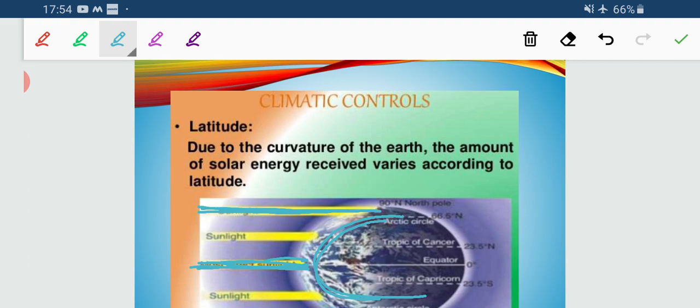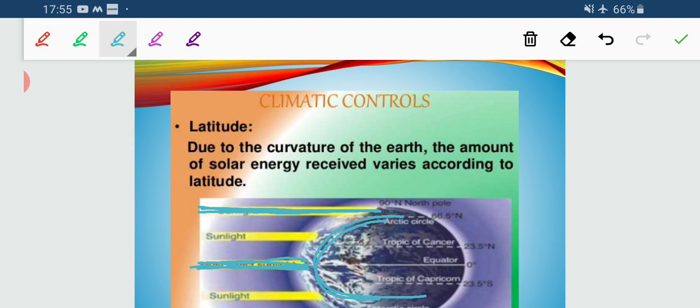That the places located closer to the equator have days and nights of more or less equal duration, 12 hours of day and 12 hours of night, because the sun rays are vertical there. But gradually, when we move away from the equator, the day and night duration varies from the equator to the polar areas.